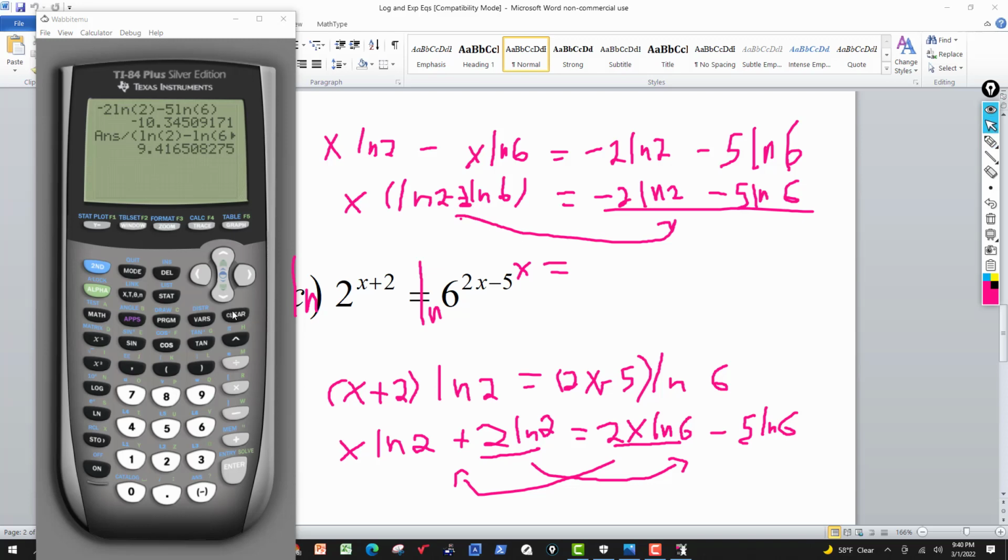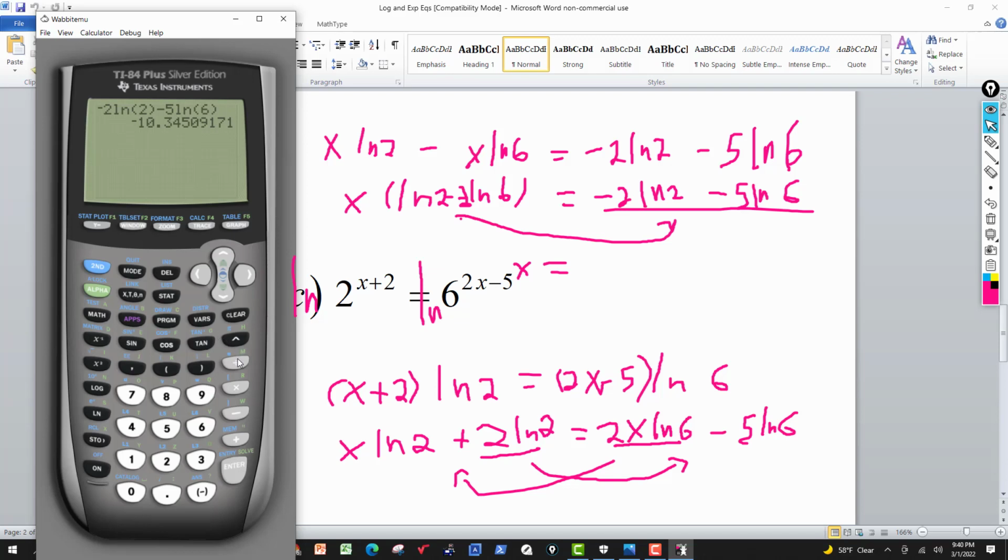So let's clear this again. Let me do it again. So it's minus 2 ln of 2 minus 5 ln of 6, and parentheses, hit enter. Okay, same answer there.